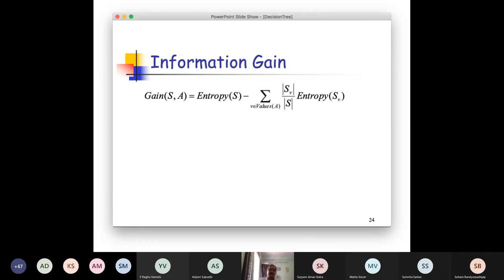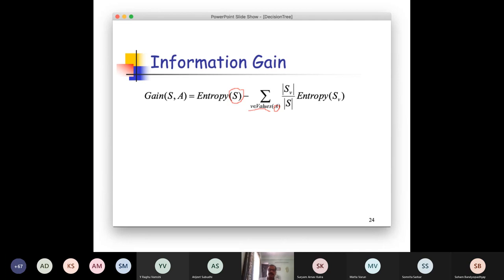As you can see here, at a particular node of the decision tree, we are considering a set of training examples S, on which you will be inducing the partition based on an attribute A. So consider all possible values of attribute A. We are assuming here that A has only discrete values and it's a finite set.